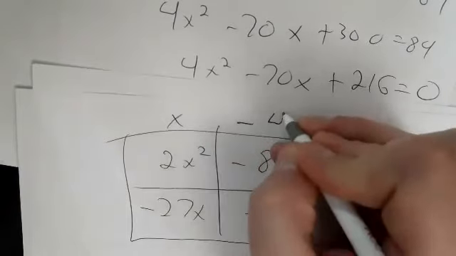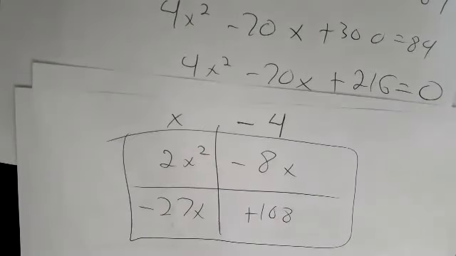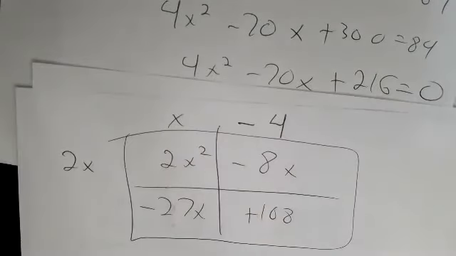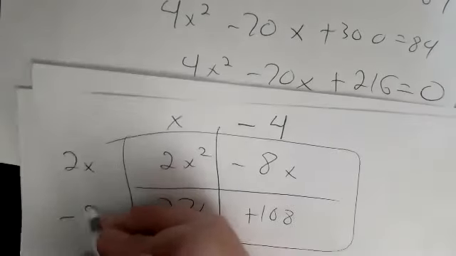And I'm going to leave with a negative. Whew. And this, I can take out a 2 and an x. Here, I got to lead with a negative. What is the common factor between 108 and 27? That's a good question. I think it might be 27. It's got to be 27.